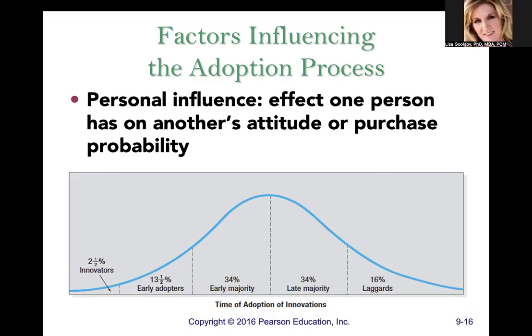So just like with the iPhone, as the old version is phasing out and you've got a new version coming on, that 16% of the market that's laggards, they're going to come in and start buying that old version, while you've got the innovators looking at buying the new version. So, how products enter and exit the market is important to match up with your customer base.